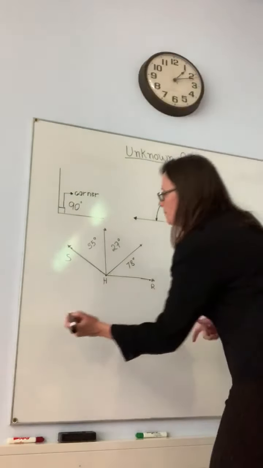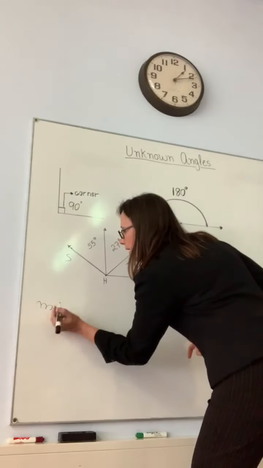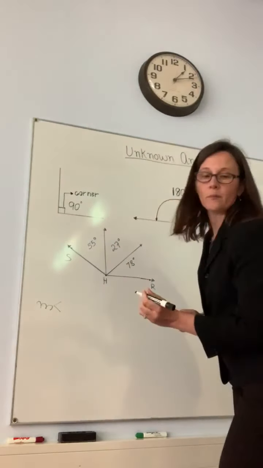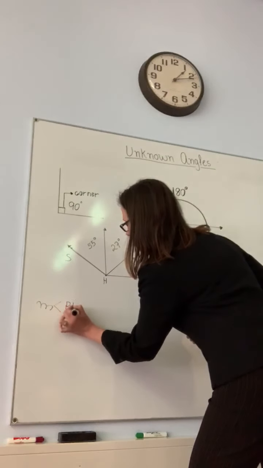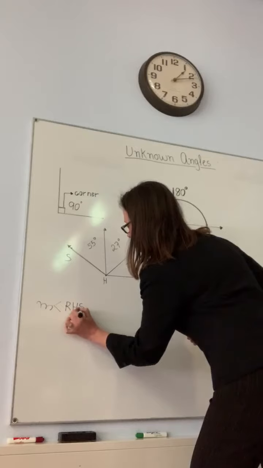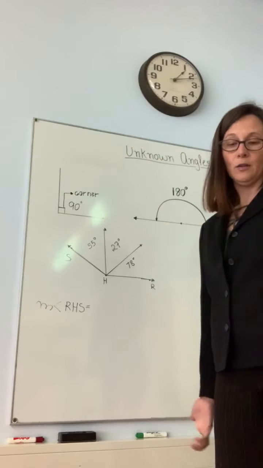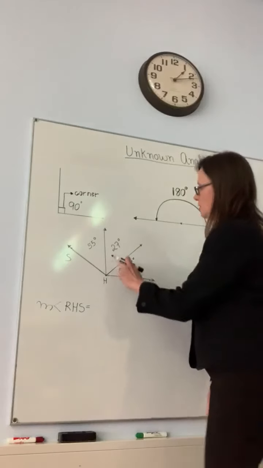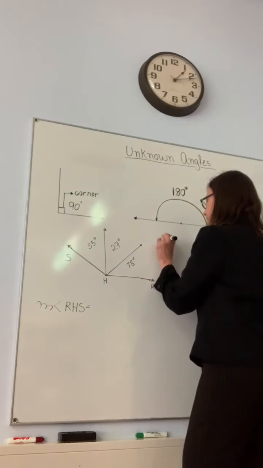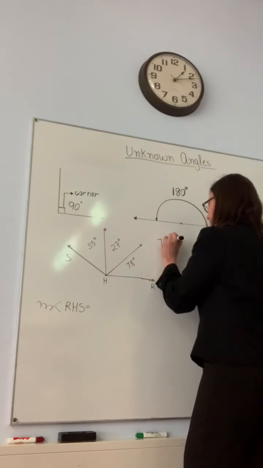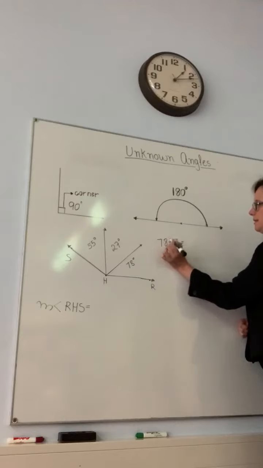So what would it be? How many degrees is the angle? The angle RHS equals. So we're going to calculate this. We can do these two first, 78 plus 27. Look what I see here.